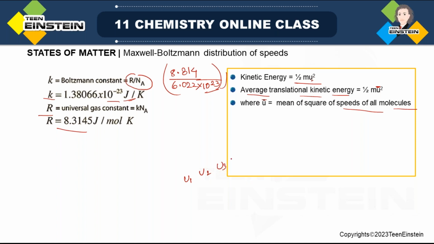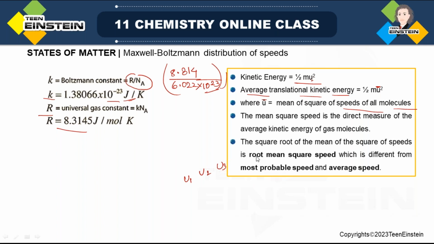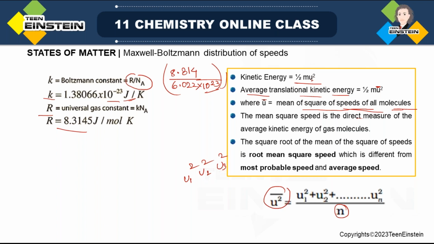Under this condition, just take the square of all the terms, then add all this, and divide it by N, which is the total number of particles. If you do so, then you will get this u bar square, which is the mean square speed, that is the mean of the square of speed of all molecules.